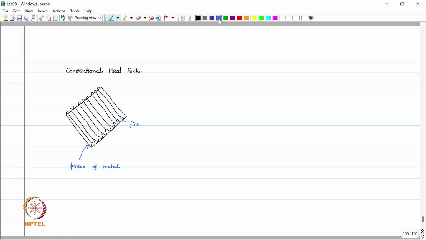The second one is the forced convection with short fins.